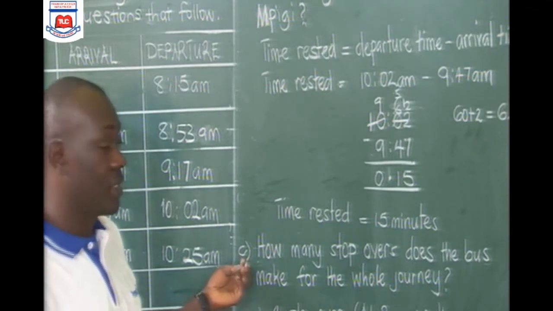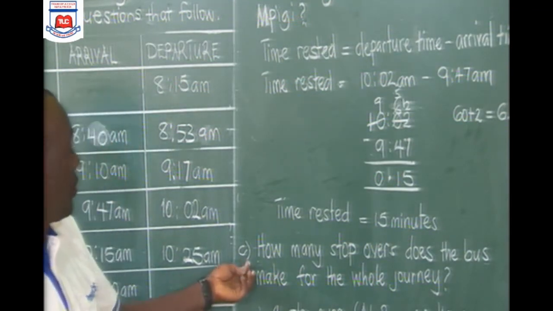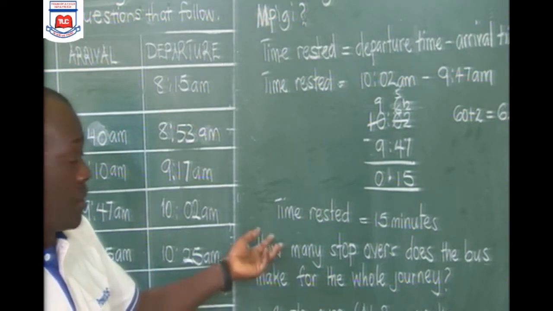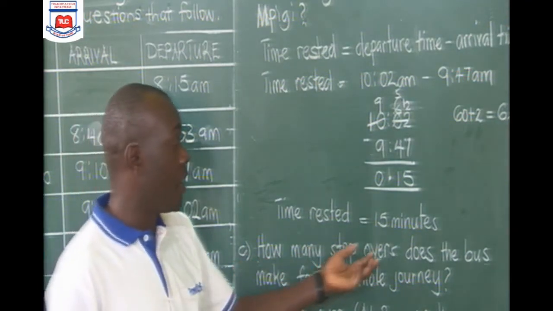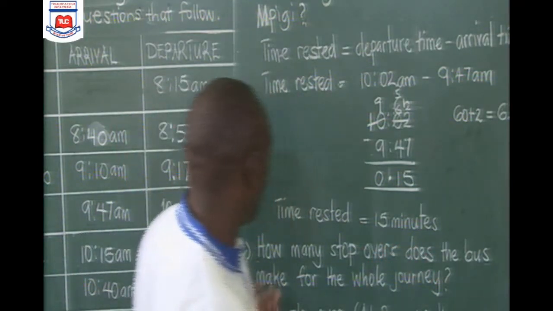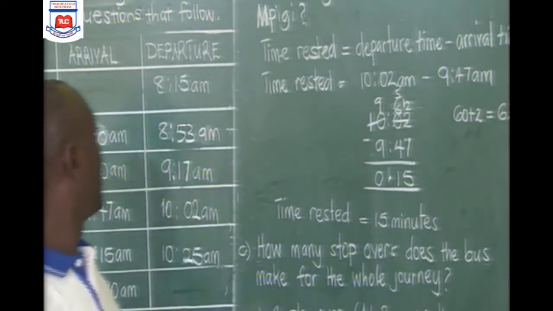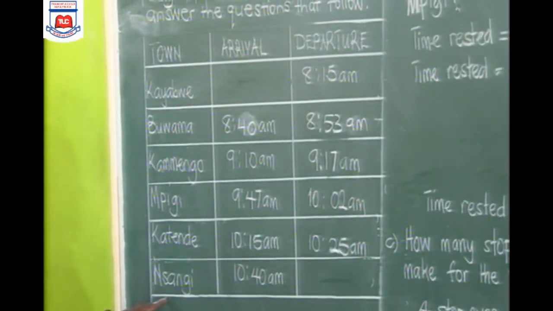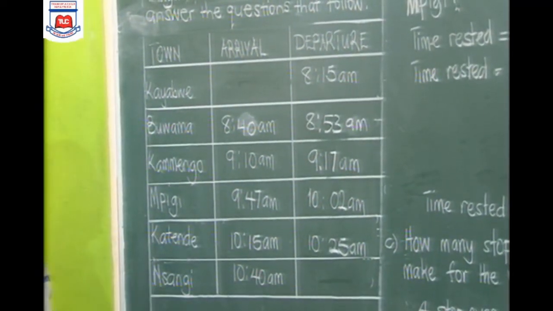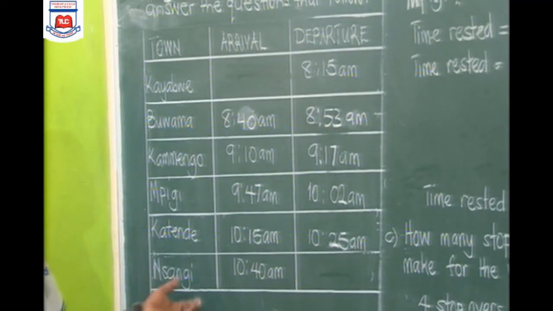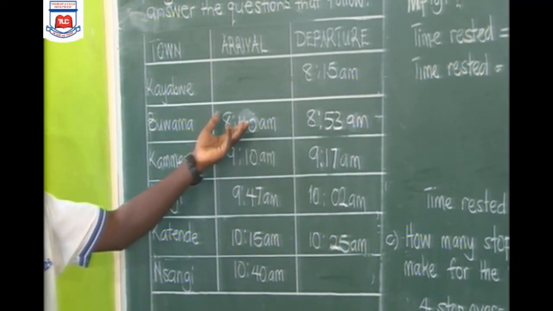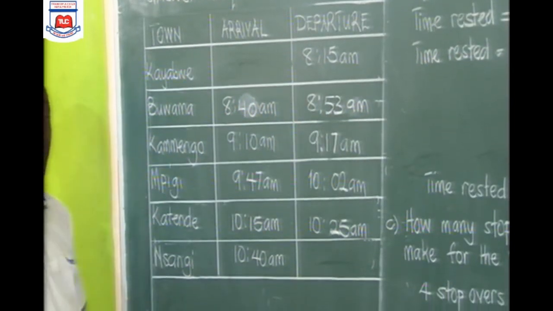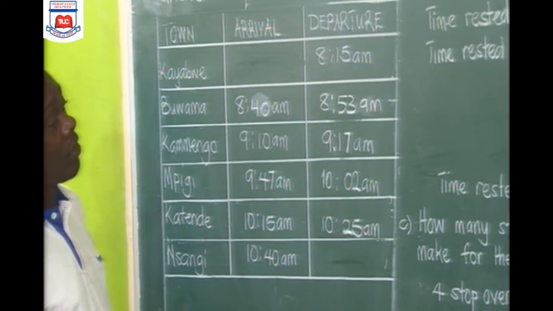Then question or part C of number 1 concerning the same timetable reads, how many stopovers does the bus make for the whole journey? That's the whole journey all the way from Kayabwe to Mpigi. As I noted earlier, whenever you see 2 kinds of time of arrival and departure for a particular place, that means there was a stopover.